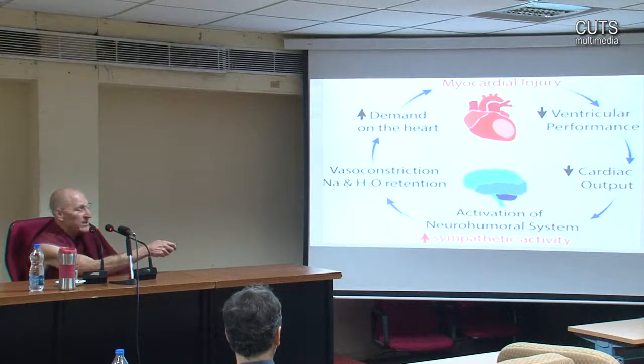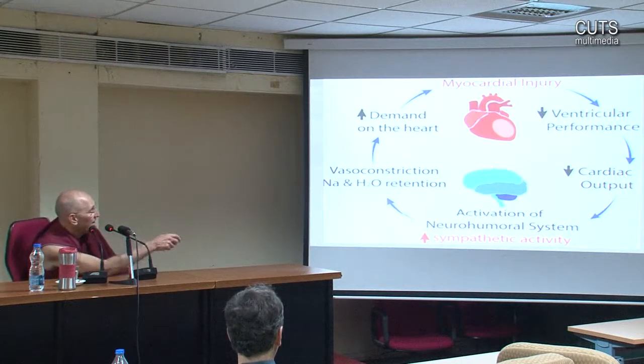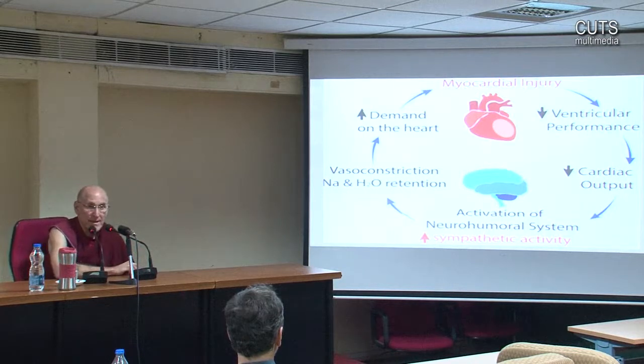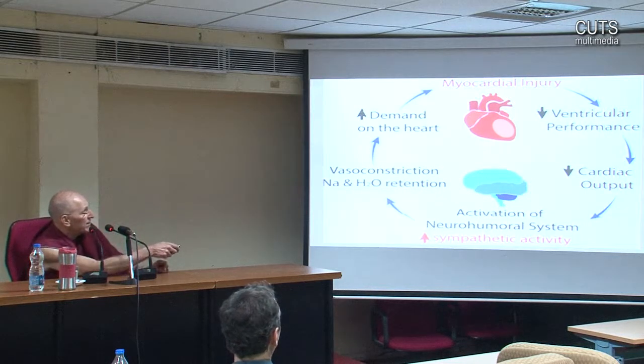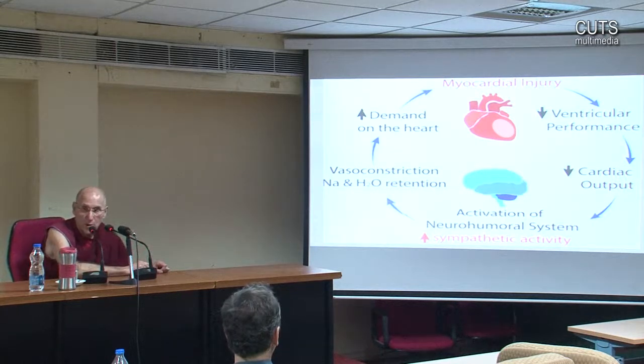So it's injury to the heart muscle from whatever cause. Then what happens to the performance or the function of our ventricle? It gets better, same, or worse? Worse. So then decreased ventricular performance. It doesn't work as well.